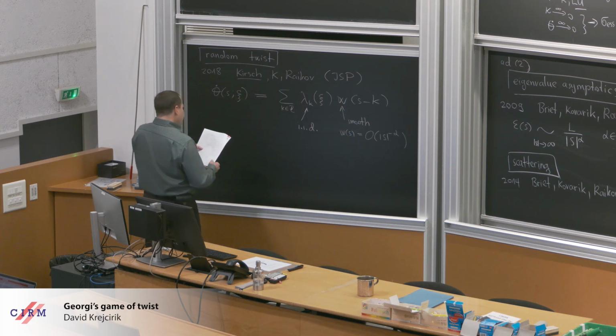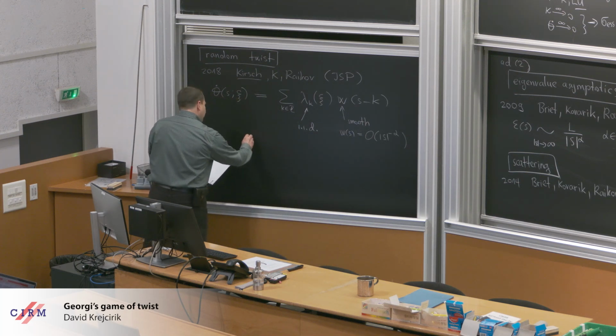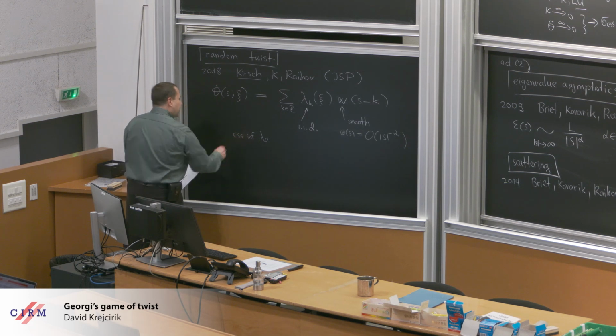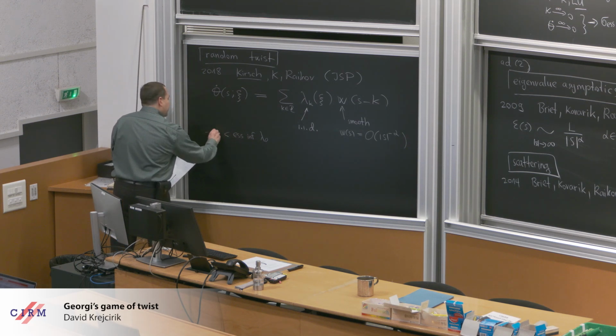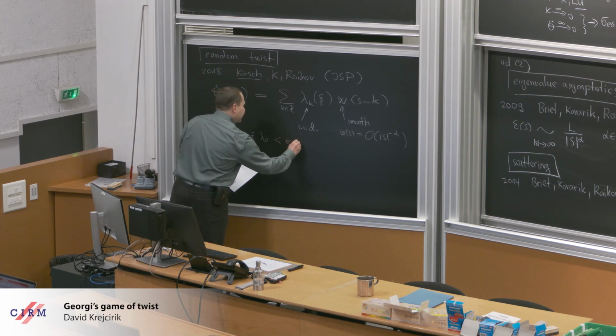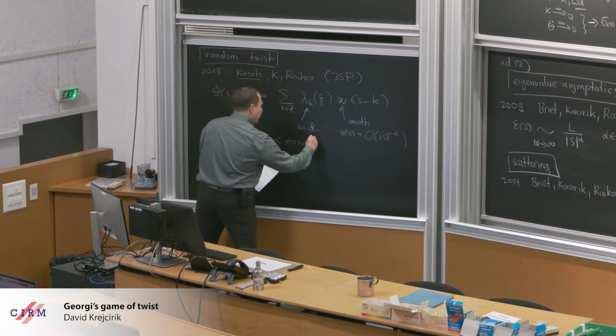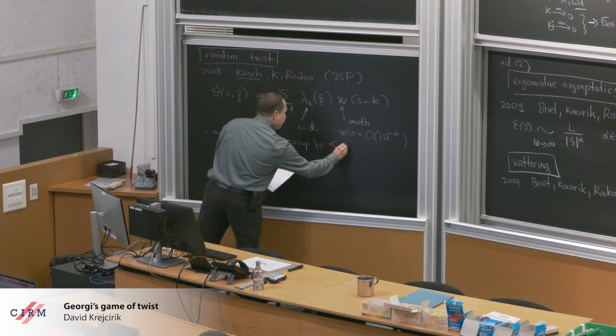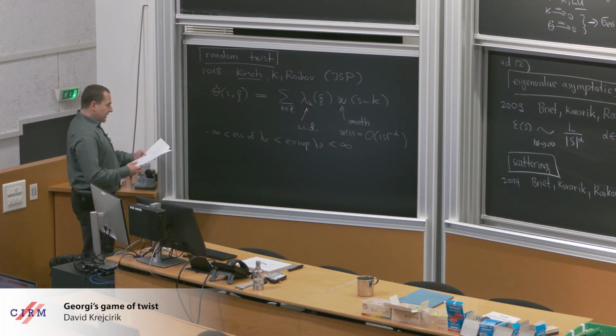And we always assume that the lowest point, this is the essential infimum, is greater than minus infinity, it is bigger than the essential supremum of lambda 0, and this is less than infinity.